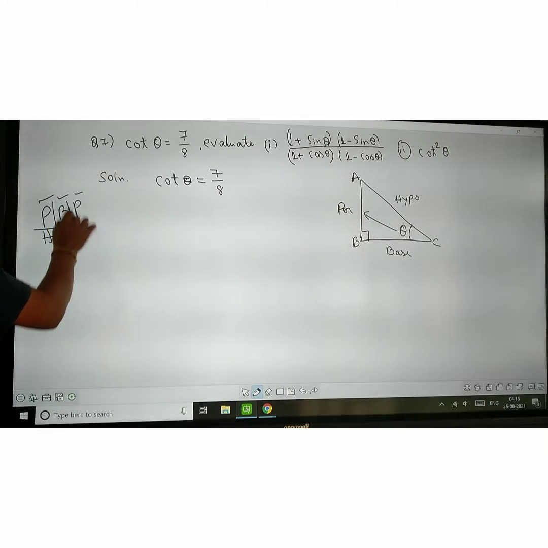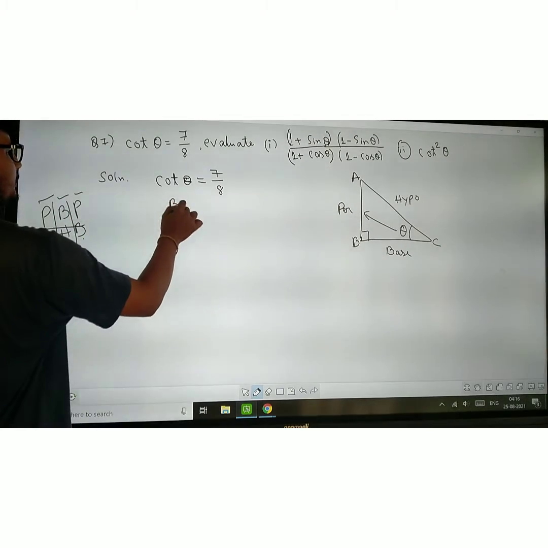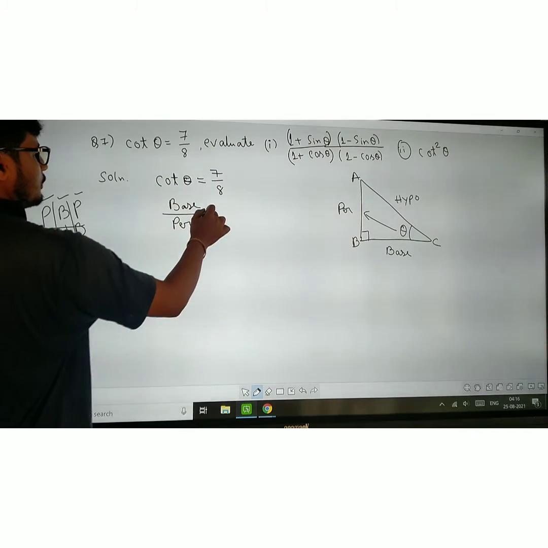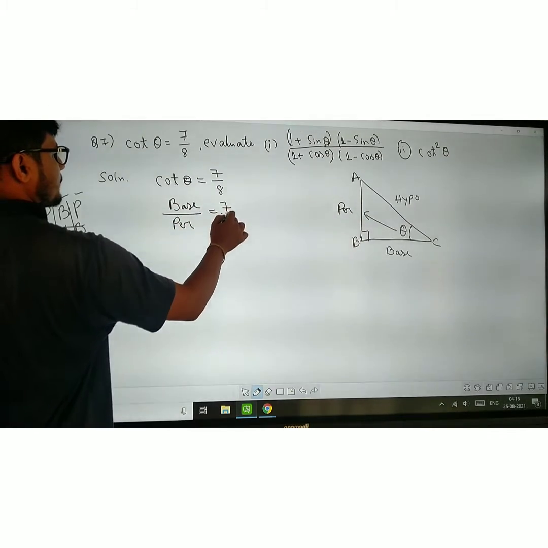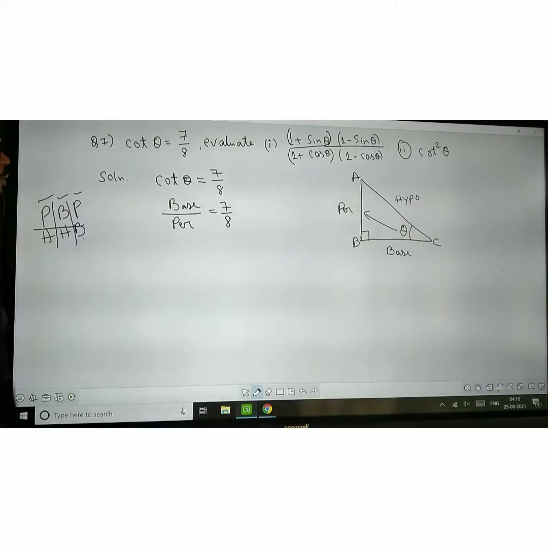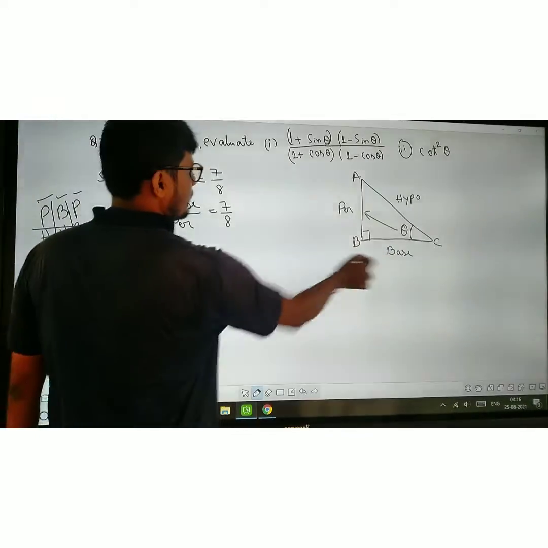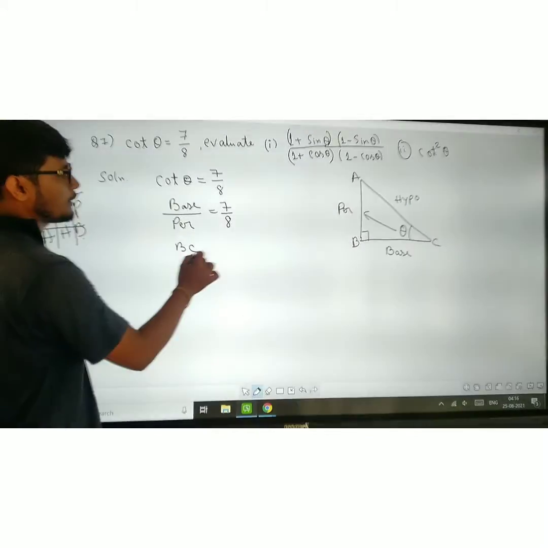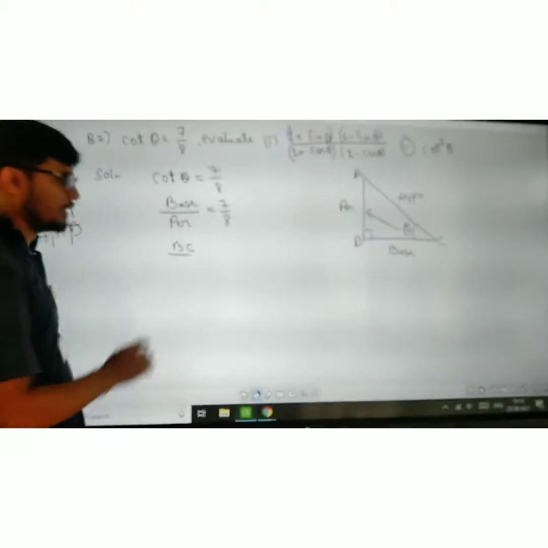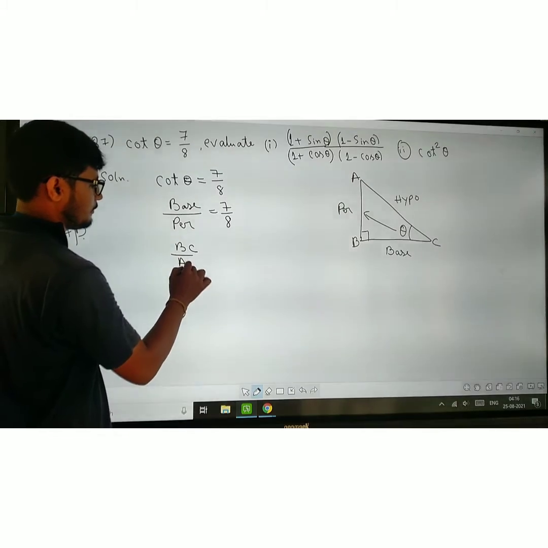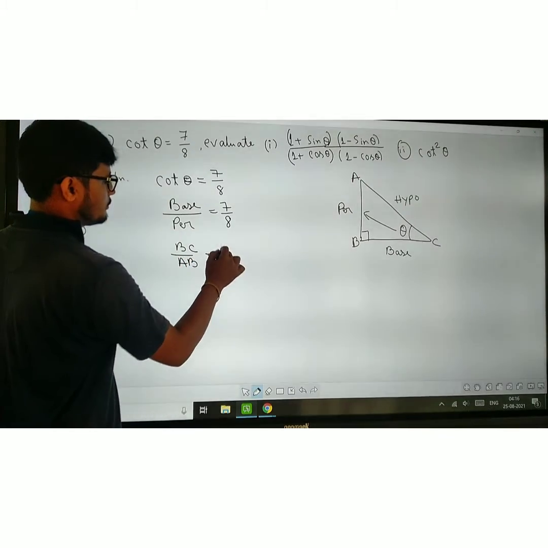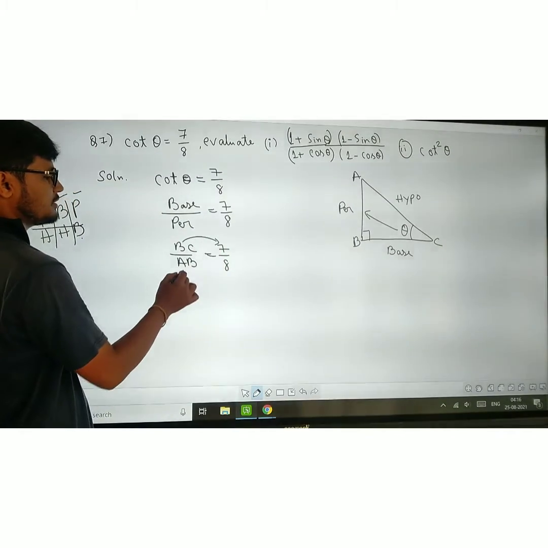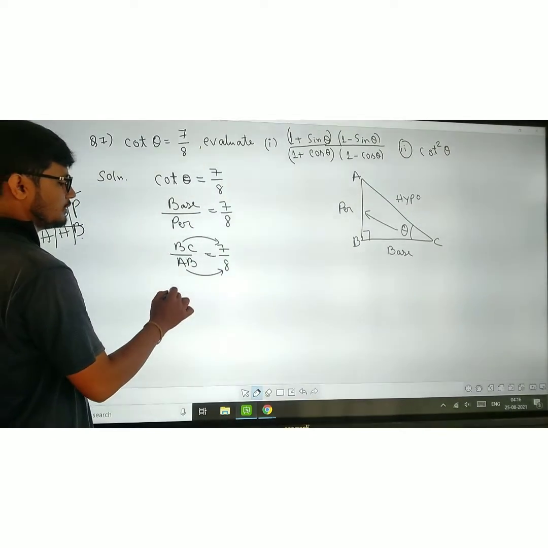Cot is the reverse, B by P. That means base by perpendicular is equal to 7 by 8. What is the base? BC. What is the perpendicular? AB. 7 by 8. That means BC is 7 and AB is 8.